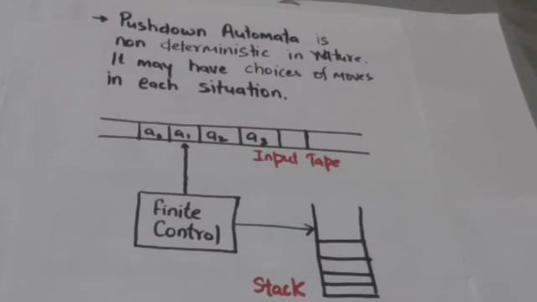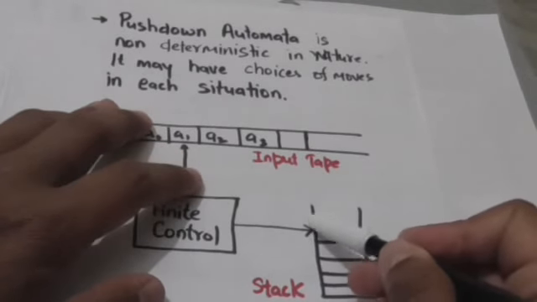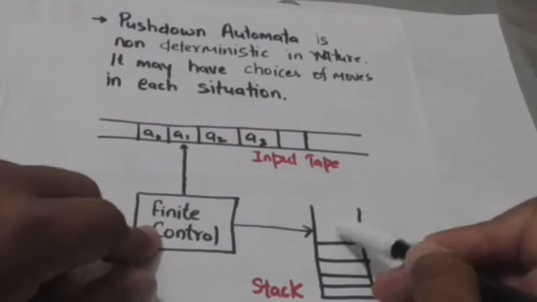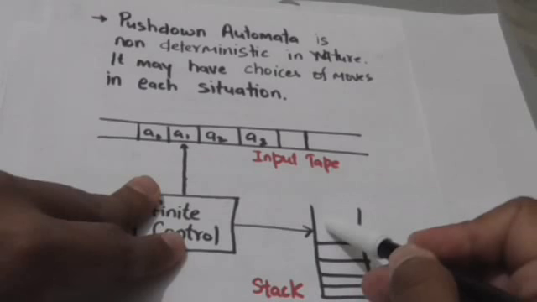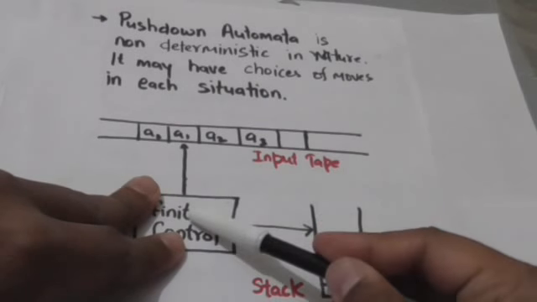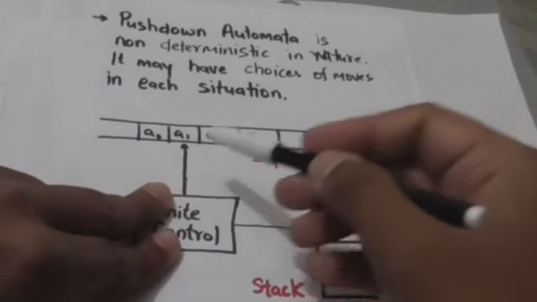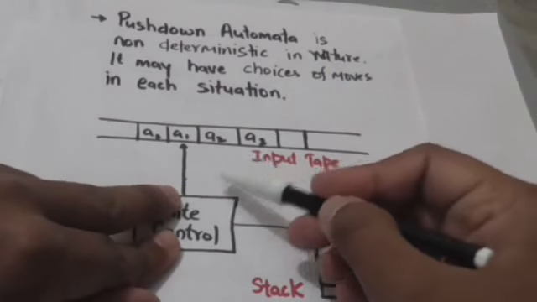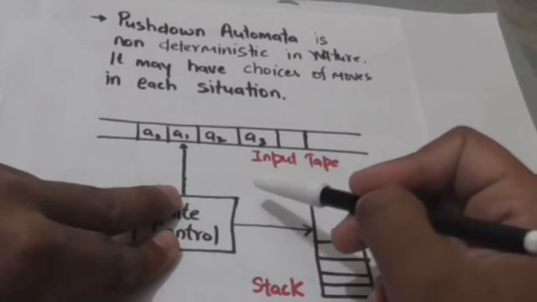It is the first type of move. The second type of move is called empty moves. In that type of move, pushdown automata doesn't read an input symbol from the input tape. It just reads the top element of the stack, right, and manipulates the stack, changes its state, and this head will point to the top of the stack, and this head doesn't move to the right because it has not read any input symbol from the input tape.